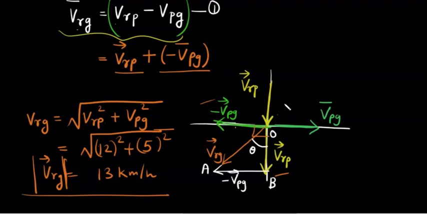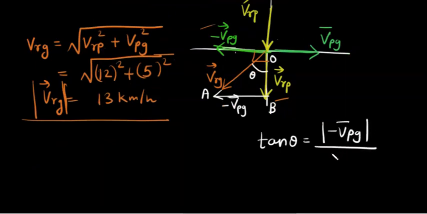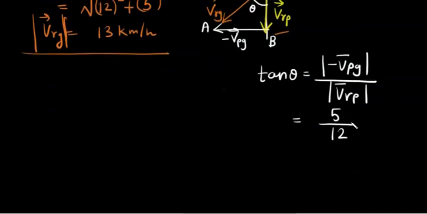In triangle OAB, I can say that tan theta is the opposite side, that is the magnitude of V bar PG, divided by the adjacent side, V bar RP's magnitude. V bar PG is 5 and RP is 12. The kilometer per hour will get cancelled and you will get tan theta as 5 by 12, and theta is tan inverse of 5 by 12.